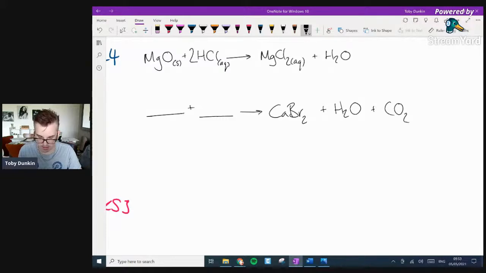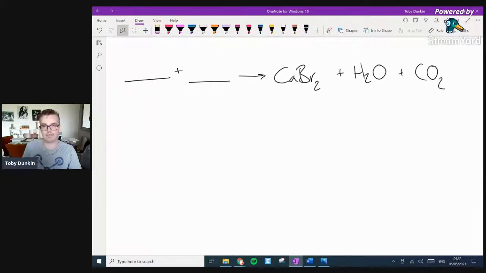Right, so the question is, if this is an acid-base reaction, now I'm going to ask Jack this specifically. Jack, I'm asking you this because you were the one in the last lesson who asked about the hydrogen halides. You were the one who was like, hang on a minute, can we actually get other acids in the group 7s?